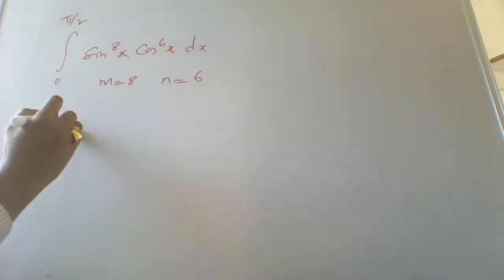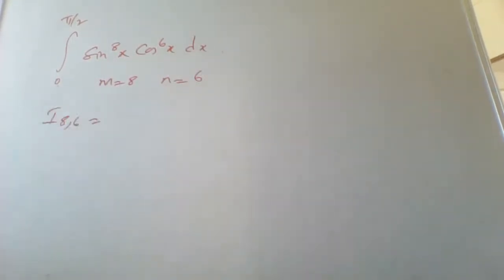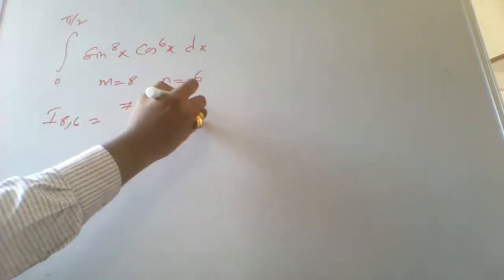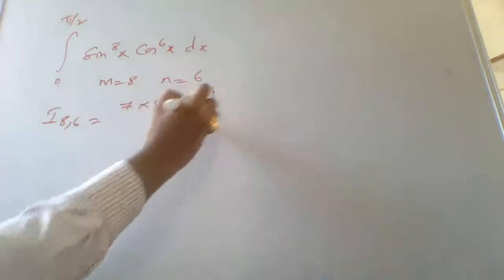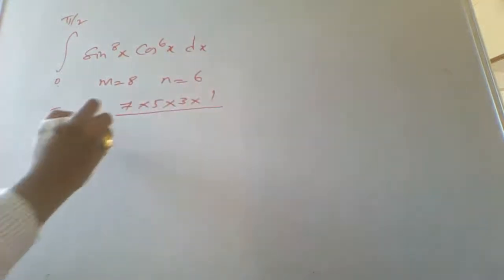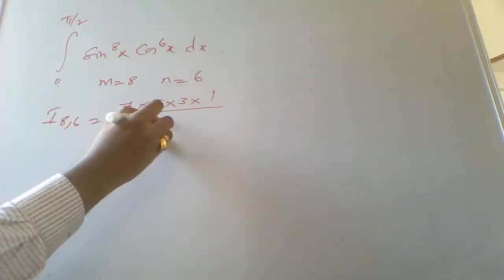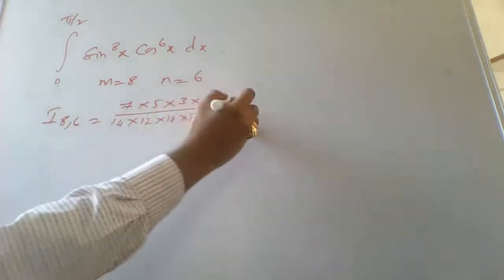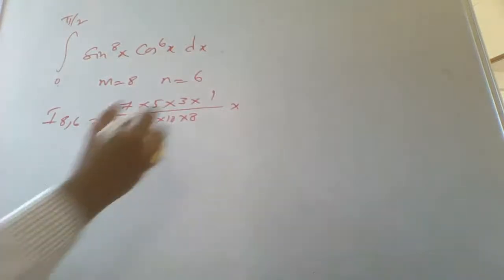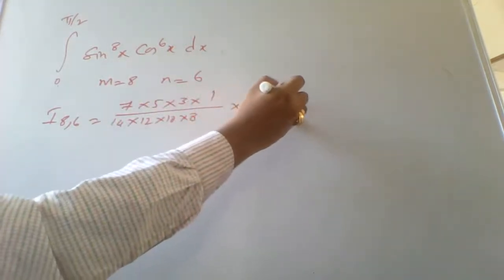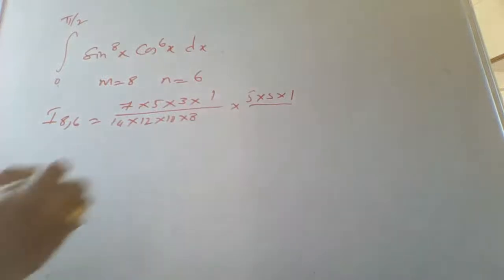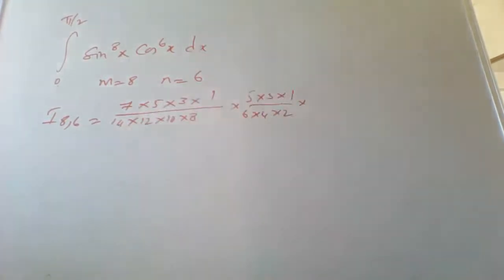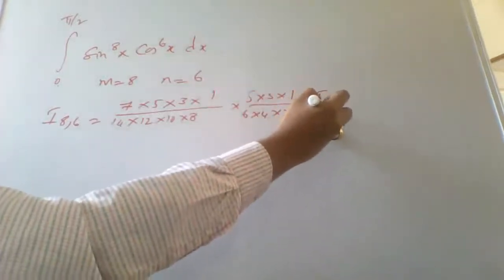So you have I(8, 6), which is 7 into 5 into 3 into 1 divided by 14 into 12 into 10 into 8, into 5 into 3 into 1 divided by 6 into 4 into 2, and multiplied by pi by 2.